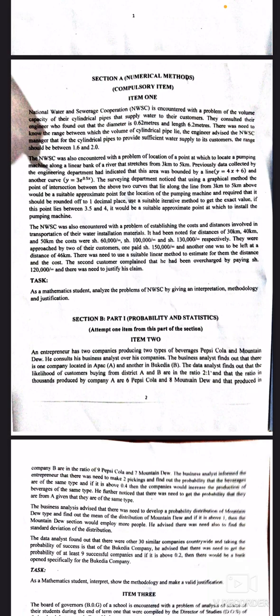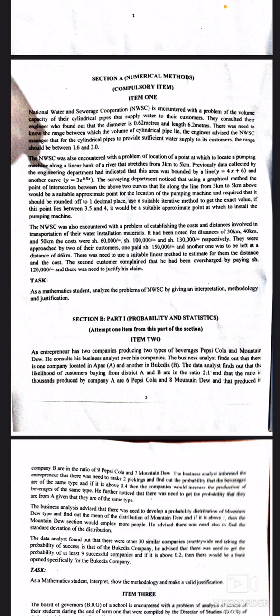The surveying department noticed that using a graphical method, the point of intersection between the above two curves that lies along the line from 3 kilometers to 5 kilometers would be a suitable approximate point for the location of the pumping machine, and require that it should be rounded off to 1 dp. Use a suitable iterative method to get the exact value. If this point lies between 3.5 and 4, it would be a suitable approximate point at which to install the pumping machine.